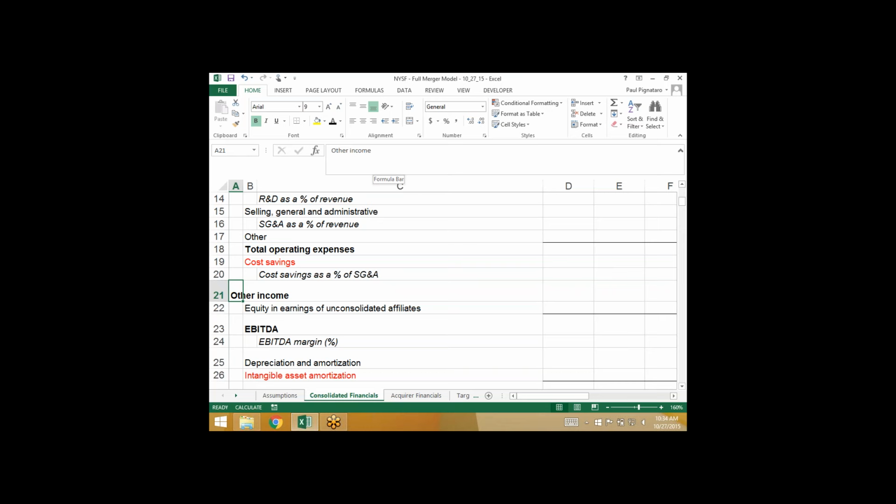What happens to the acquirer's, let's start there, the acquirer's equity and earnings of unconsolidated affiliates in a merger scenario? Remains unchanged. Their stake isn't touched. They might own a 5% or 25% interest in something else that has nothing to do with the company they've merged with. What about the target's interest?